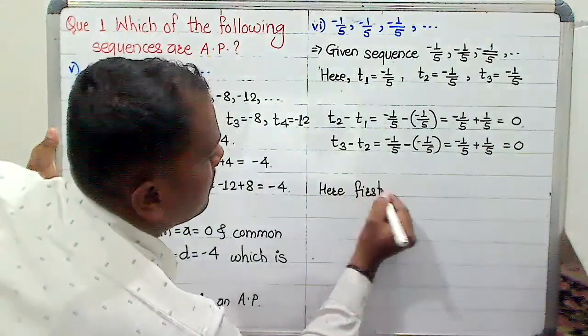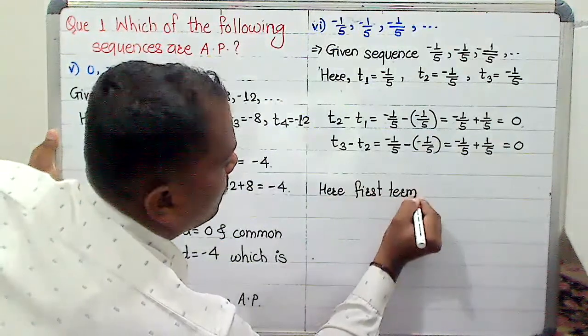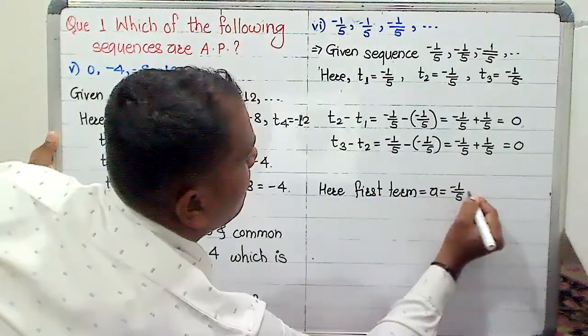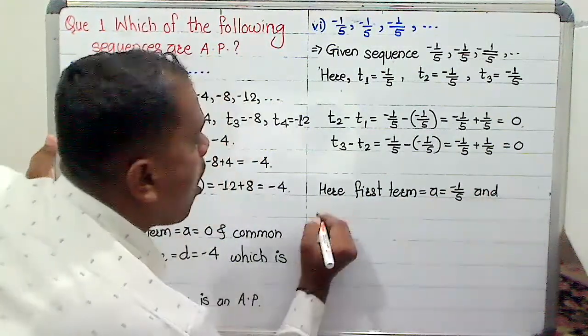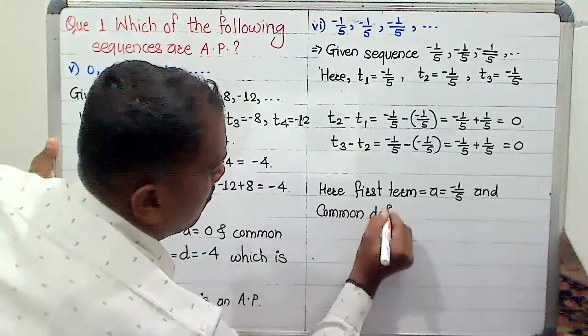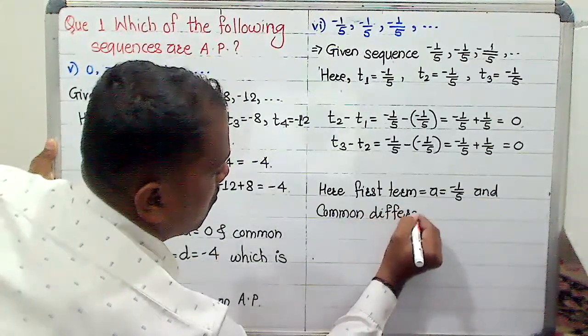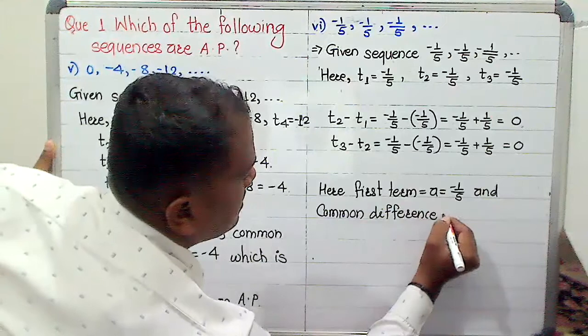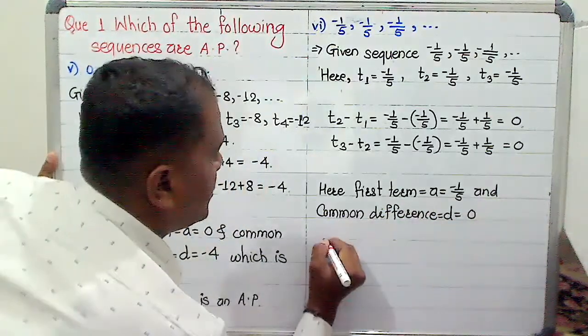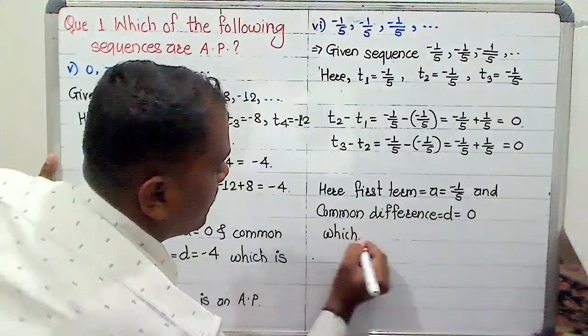So here, first term A is equal to minus 1 by 5, and common difference D is equal to 0, which is constant.